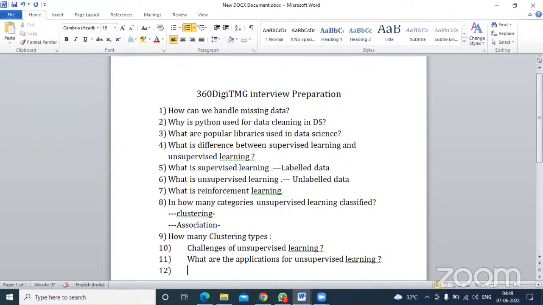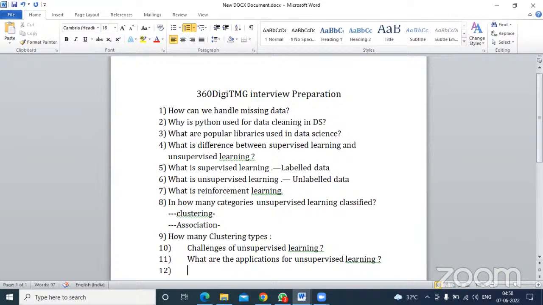As I'm saying, there is an association rule. One of our friends was telling that there is a market basket rule. So that is one of our applications we can say. What is the association rule doing?